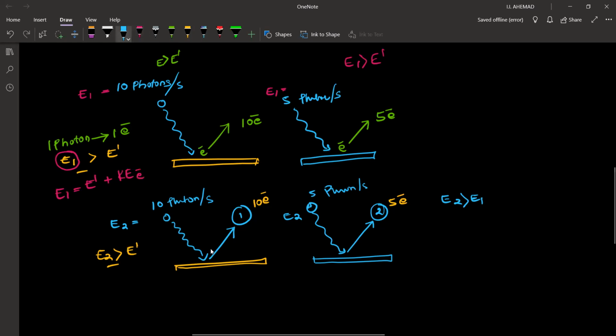So, in case of E2, the energy required is same, but kinetic energy will be high. Is that idea clear? So here it will be 5 electrons. Are you all clear, or should I explain once again?